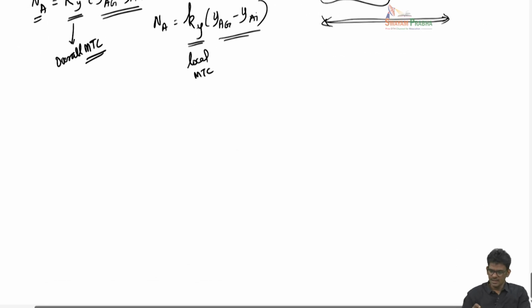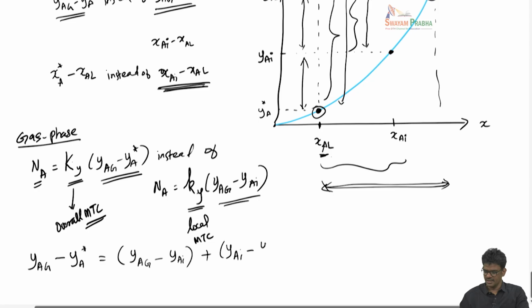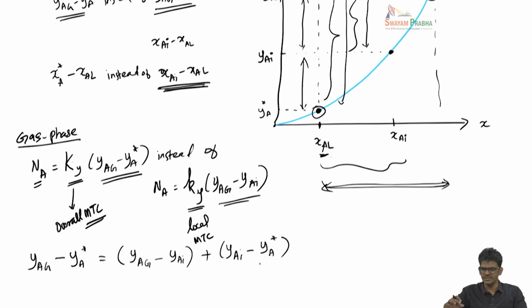Now if you look at this particular graph, you can see this YAG minus YA star can be written as this difference plus this difference, that is YAG minus YAI plus YAI minus YA star, isn't it? I am writing the total driving force as the sum of two driving forces. One is YAG to YAI and another one from YAI to YA star.